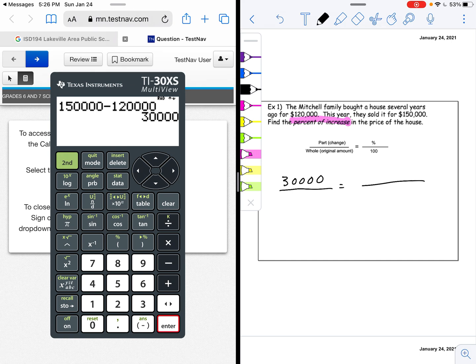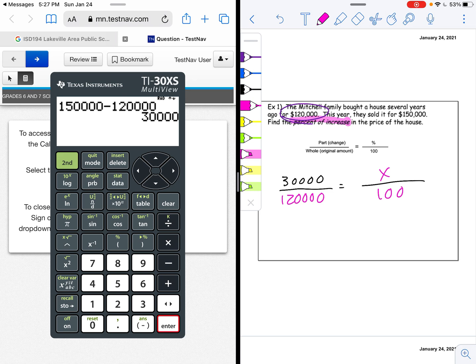The whole, which is where it started from, is going to be 120 because this is going to be a percent of increase. So in other words, the value of their house increased. So the original is going to be 120,000. I'm looking for the percent. Percent's always over 100.